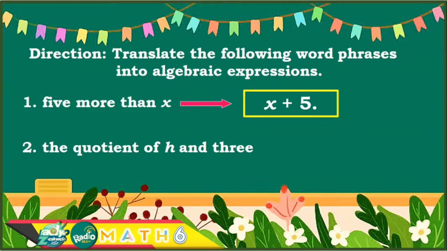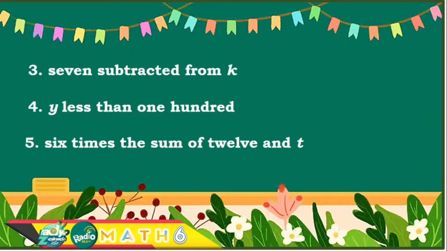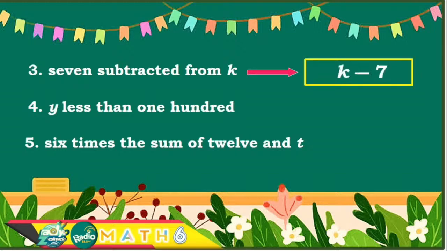For item number 2, the quotient of h and 3 can be translated as, correct, h divided by 3 or h over 3. For item number 3, 7 subtracted from k can be translated as, you got it right, k minus 7.